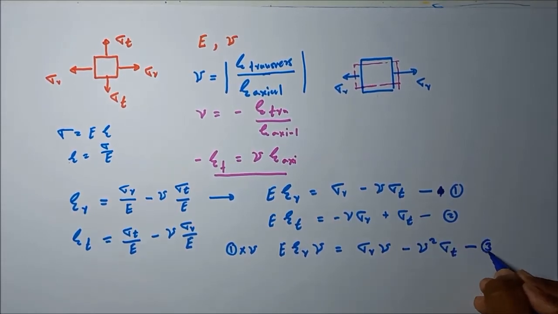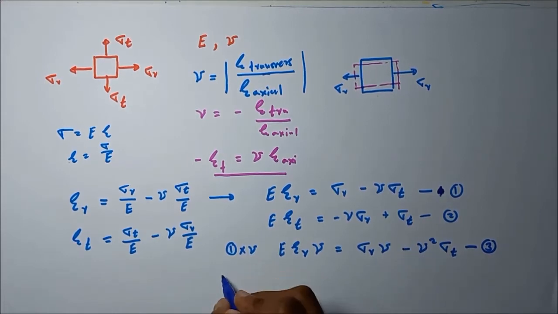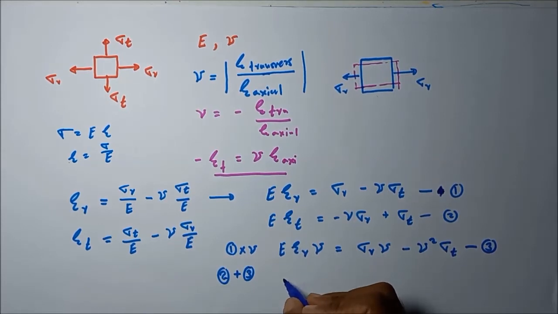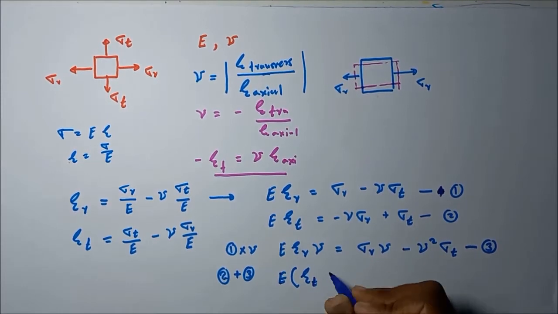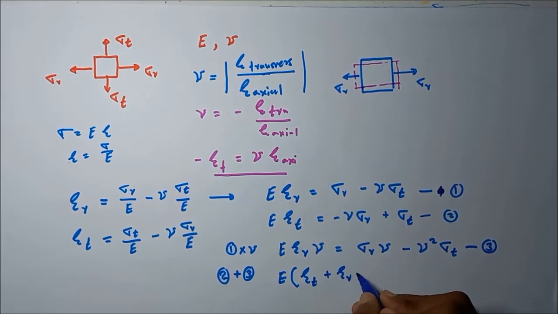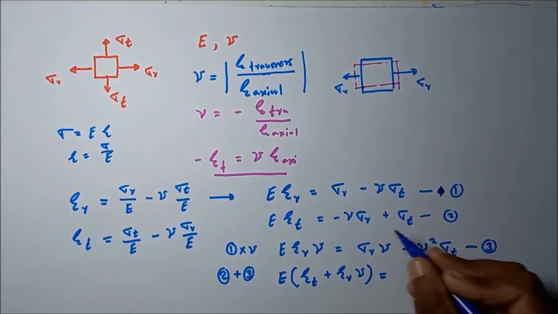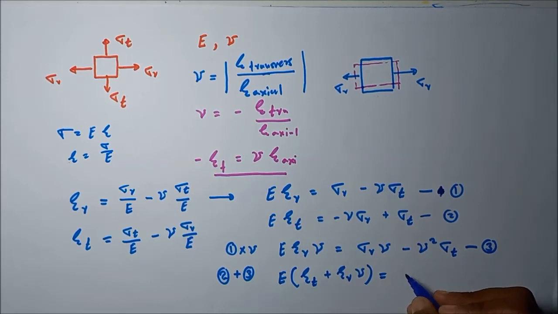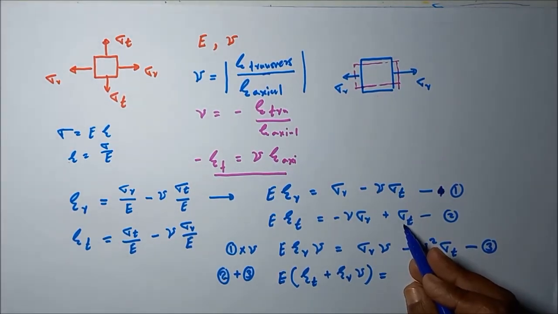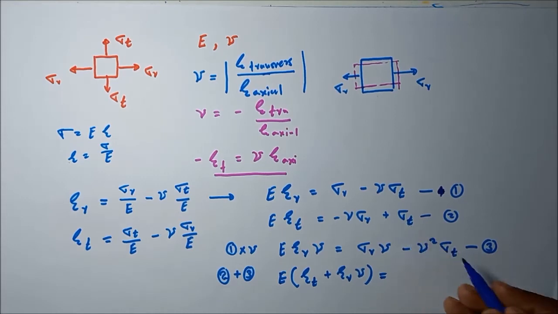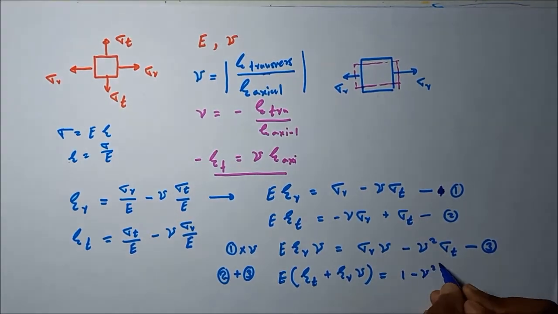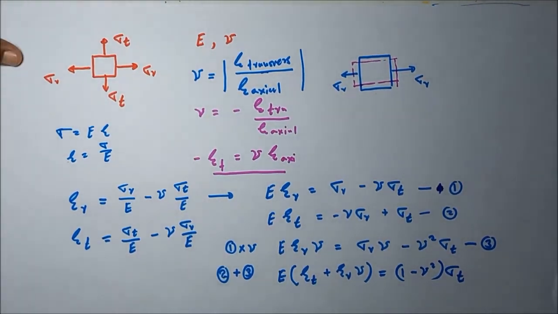Let's take this as equation 3. So I am going to add equations 2 and 3. Then we obtain E into strain in the transverse direction plus strain in the radial direction into nu. We can cancel these two terms, so we are left with sigma t into 1 minus nu square. Then we can further simplify by making sigma t the subject.